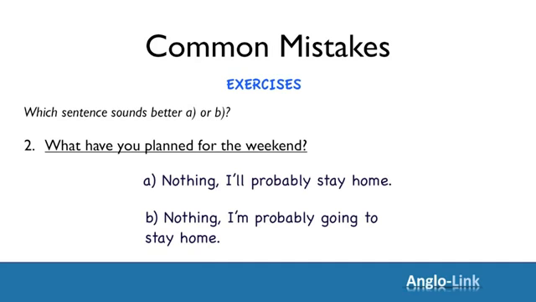Take a moment to choose the sentence that sounds better to you. Correct. The answer is A. Nothing. I'll probably stay home. Because you're reacting to the question and deciding at the time of speaking to stay home. You had no plans or decisions before you were asked.